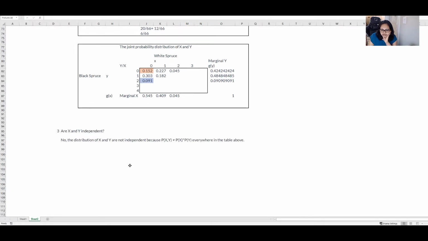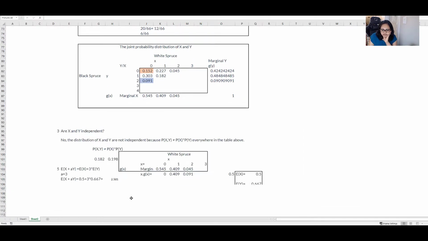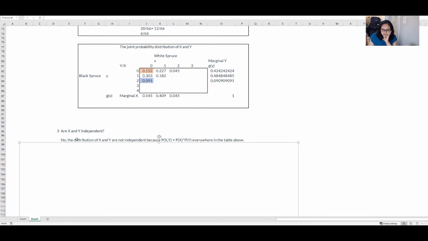And then, I said that I would like to know whether they are independent or dependent. So in each of those cells, let's say 0.182, I take that joint probability value, and then the marginal values for that cell.